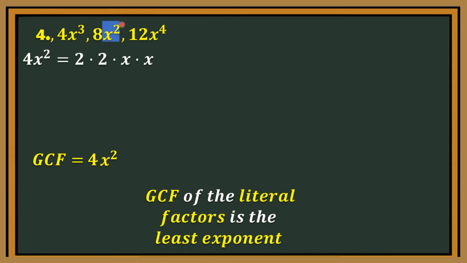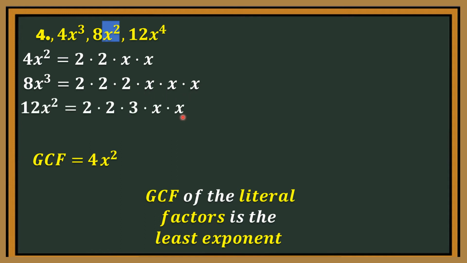Let us check. 4x squared, prime factors: 2 times 2, that is 4. X squared, x times x. Next, 2 times 2 times 2, that is 8. X cubed, x times x times x. Next, 2 times 2 times 3, that is 12. X squared, x times x.